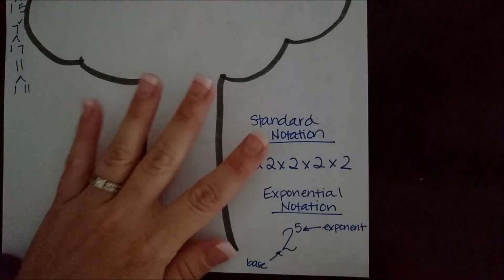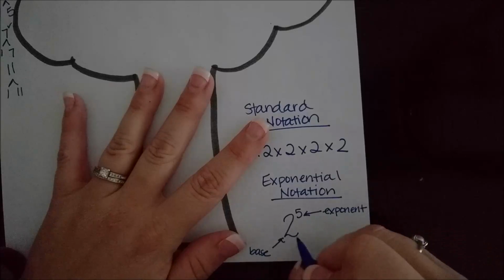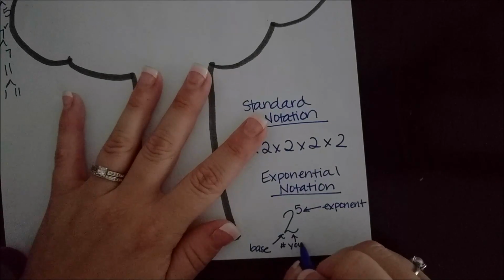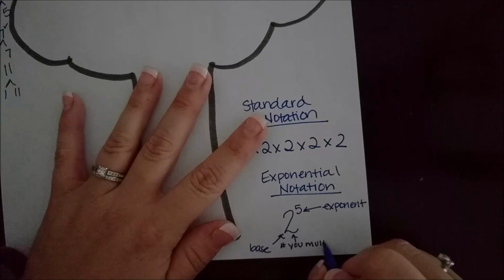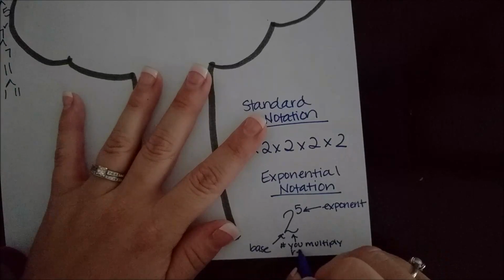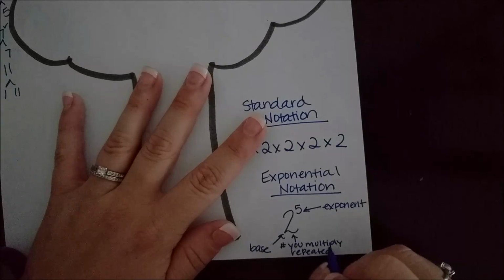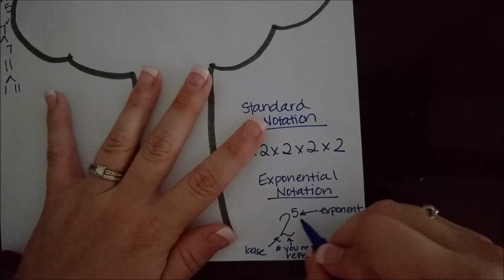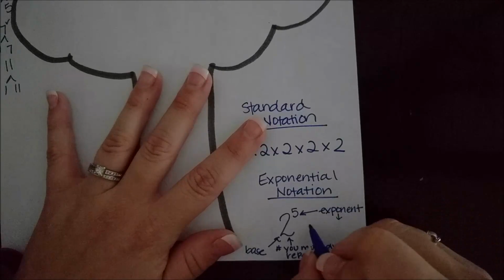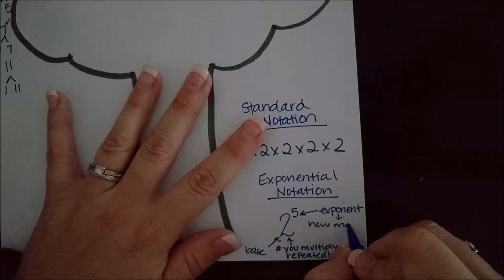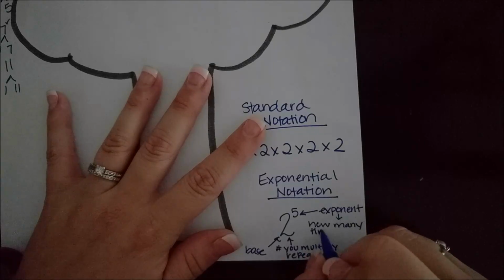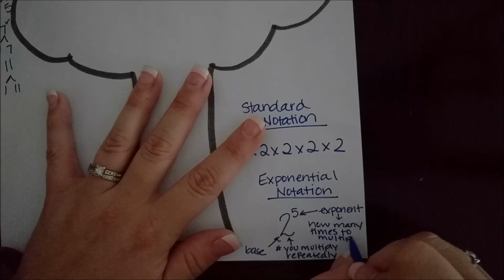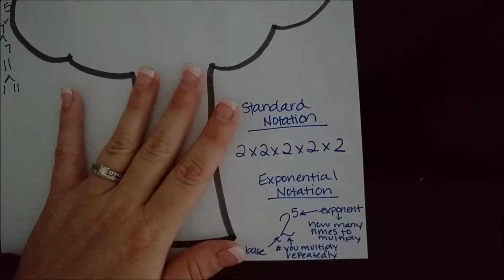The base is the number I multiply repeatedly. The exponent tells me how many times to multiply.